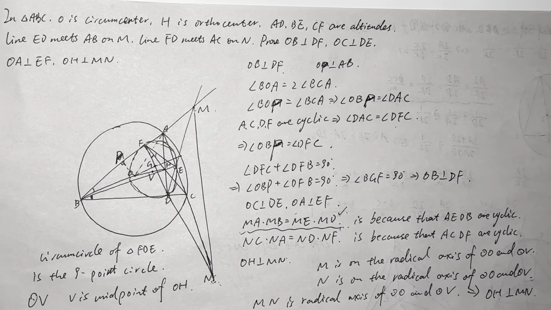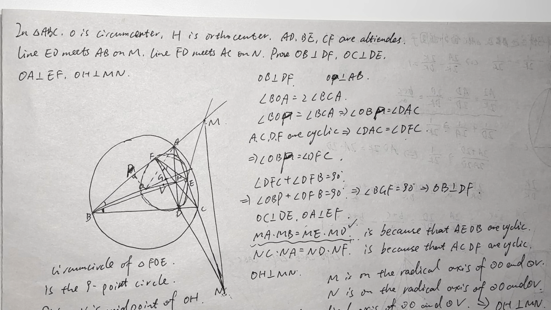Okay, so for this problem, we start with proving that OB is perpendicular with DF, which is purely simple. I would say it's very straightforward because we can just find the equal angles and directly prove it.